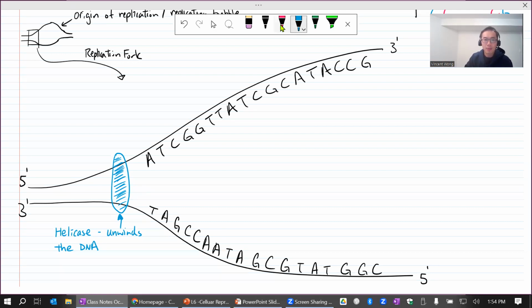And so what happens is we have another enzyme here. That enzyme is called gyrase.